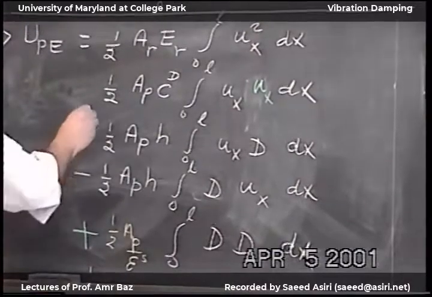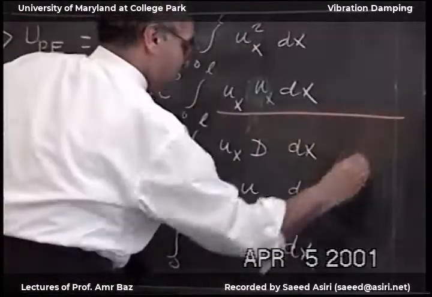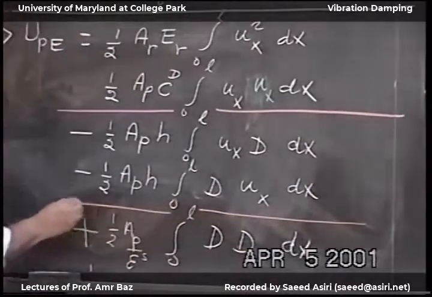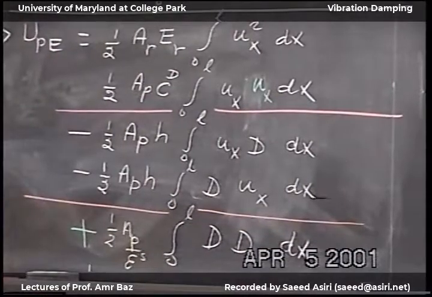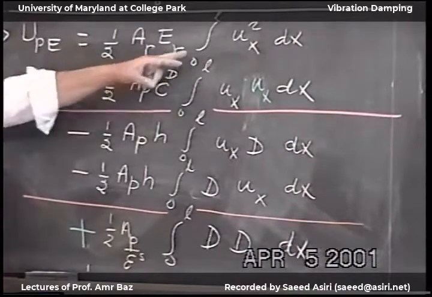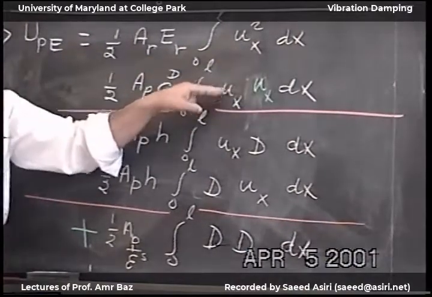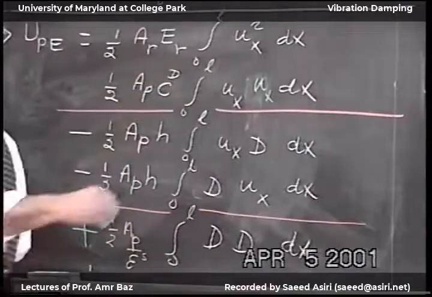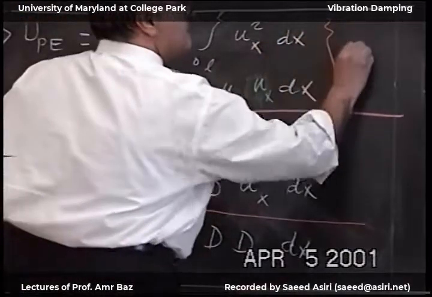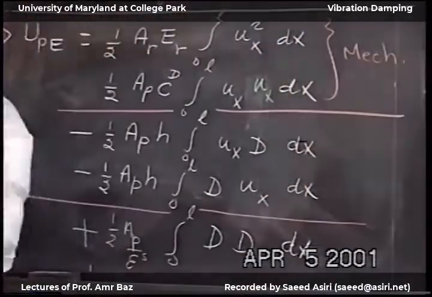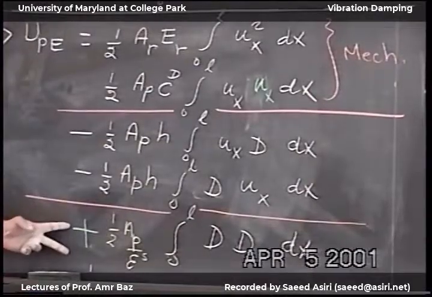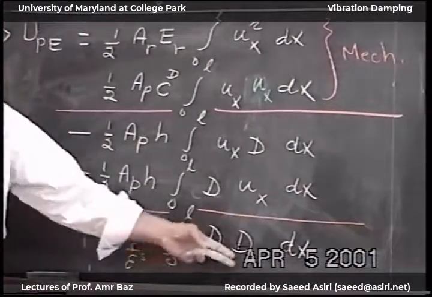So if you look at what we have, three distinct groups. One group depends only on mechanical displacements. One group only depends on electric displacements.